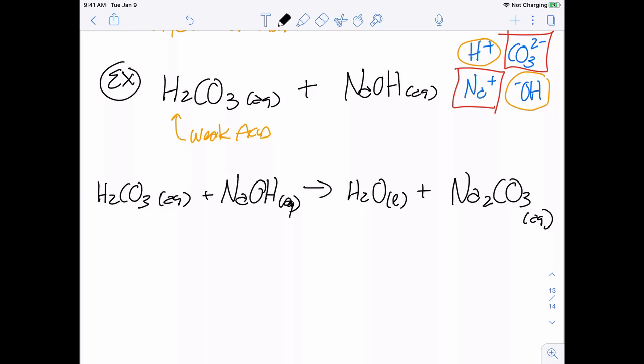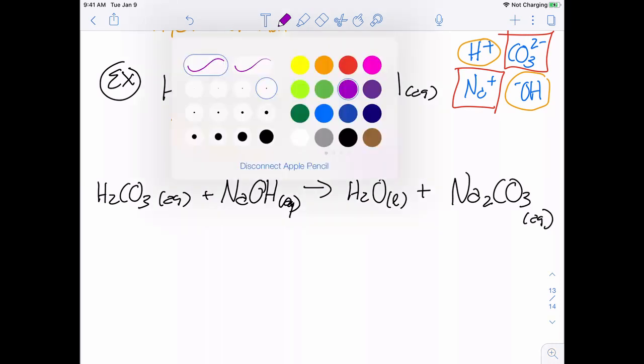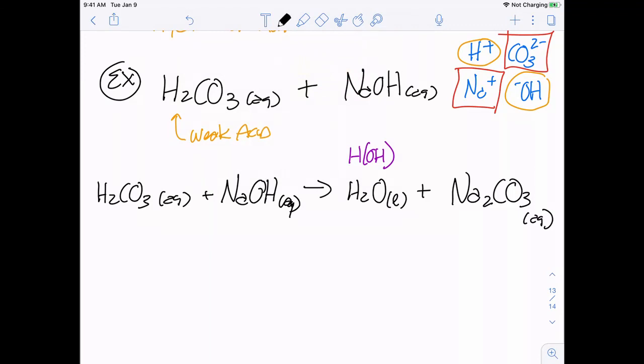We do need to balance this one, and this is one where, when we were going through our types of reactions or balancing reactions, I had said to think of water as HOH, right? Even though it is covalently bonded, for balancing purposes, I'm going to think of it as a hydrogen and then an OH. So where should we start? Let's start with sodium. I have 2 sodium on my product side.